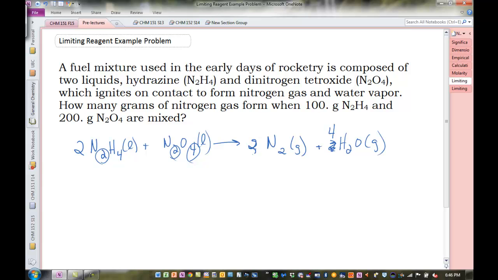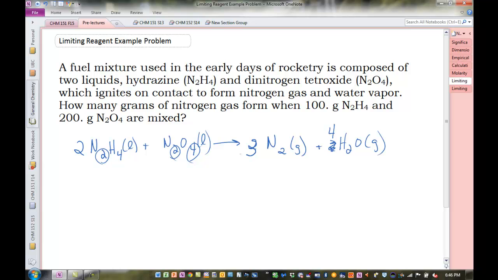So now I'm going to need a 3 there. Is that balanced? I think so. 6 nitrogens on each side, 8 hydrogens on each side, and 4 oxygens. Remember, it is hugely important to have a balanced equation because stoichiometry is all about mole ratio. And you have to have the correct mole ratio between reactants and products. All right, balanced equation, we have that.